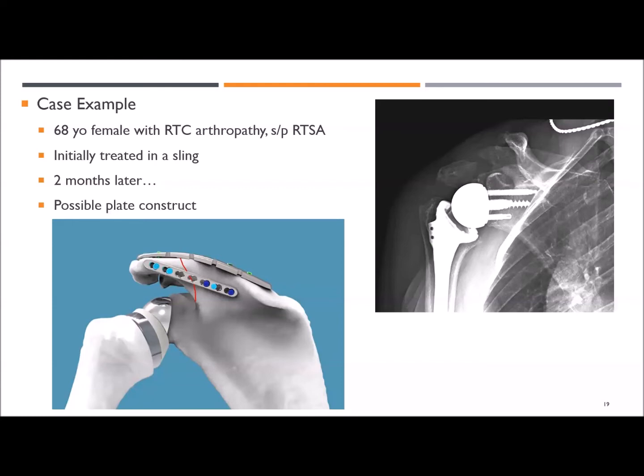They have a plate that curves up around the acromion, so you get more screws into the acromion, you get a longer lever arm on your plate. And then, backing this up with your second plate here posteriorly adds more fixation. So in that case, it was actually good fixation. It was rock solid. I was very pleased at the time of surgery with the fixation. So it didn't fail for that reason.